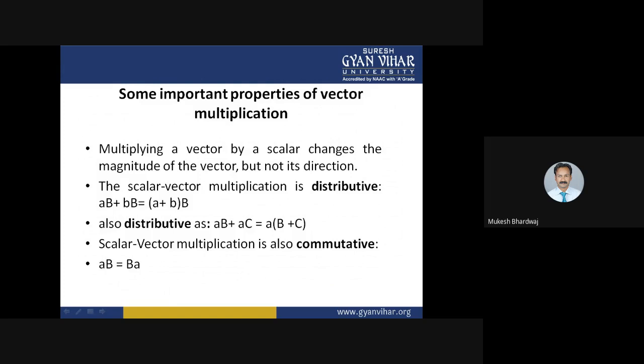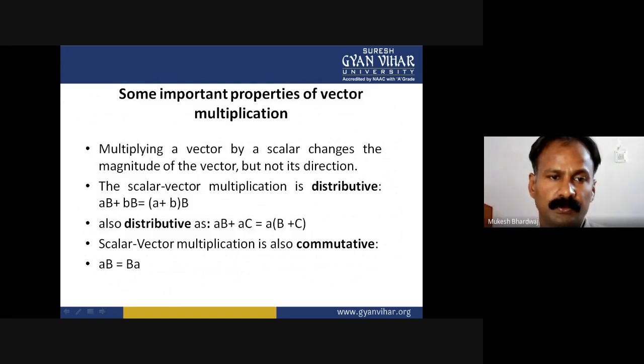Scalar vector multiplication is distributive: (A plus B)C equals AC plus BC, and also A(B plus C) equals AB plus AC. Scalar vector multiplication is commutative: AB equals BA.